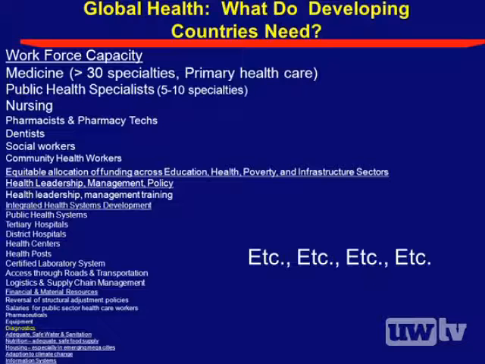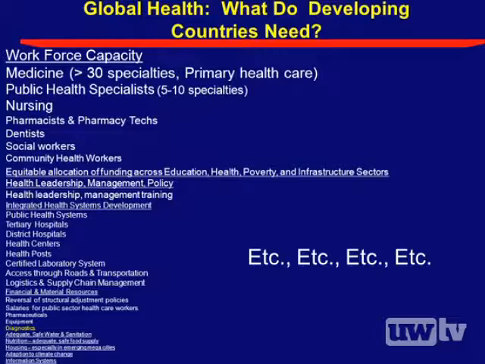And then there's a need for better health leadership, management, and policy training, prioritized by medical schools in Africa. There's a need for integrated health systems development: public health systems, tertiary hospitals, district hospitals, health centers, health posts, to certified laboratory systems that I think Bob Martin will probably talk to you about. And then we need access to the health systems through roads and transportation, logistics and supply chain management. And then there's a need for financial and material resources to actually build this.